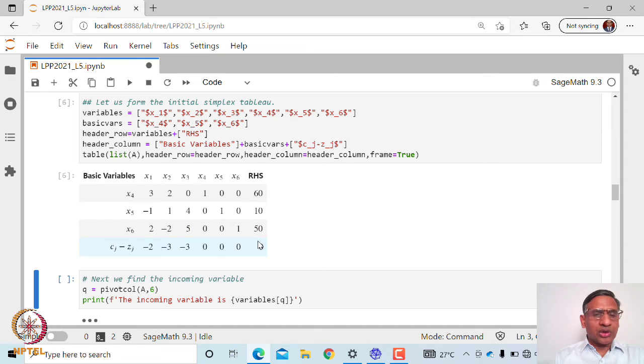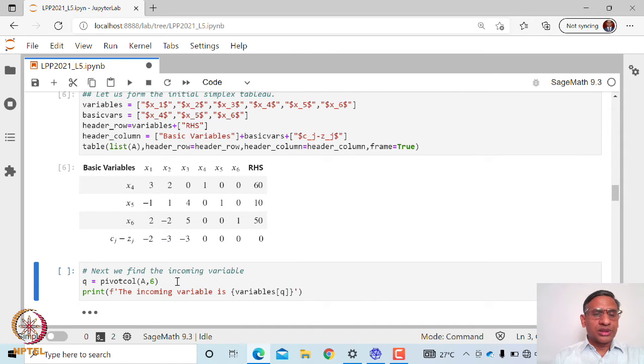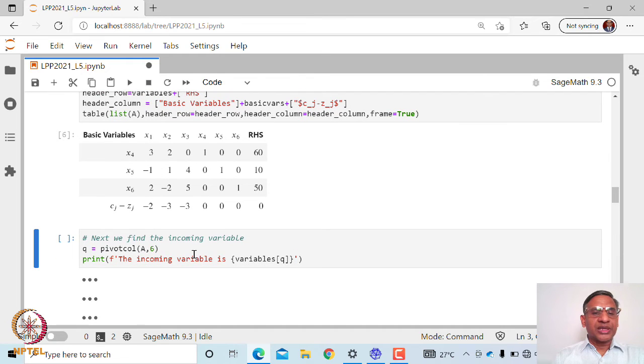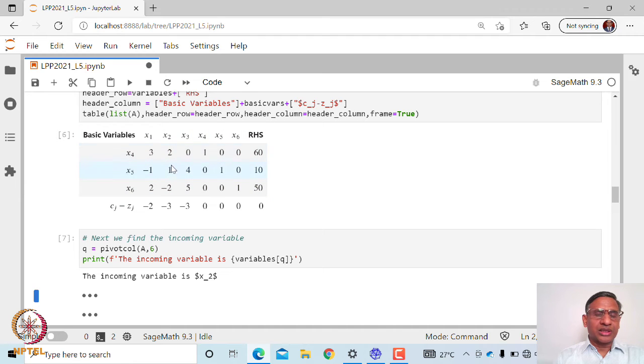Let us call the function pivot column, which will decide the incoming variable. In this case the incoming variable is x2, which corresponds to the second column, and the index of the second column will be 1.